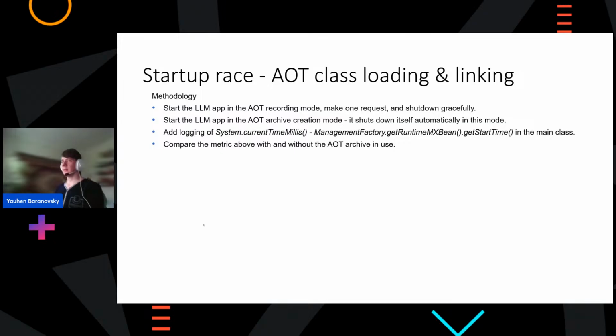And then, thanks to logging the difference between the moment when the control flow enters our main class and the startup time provided by the management factory bean, we can approximately measure how long it took to jump from the moment when the Java application itself started to the moment when all the major classes are loaded and we can perform some meaningful business logic.